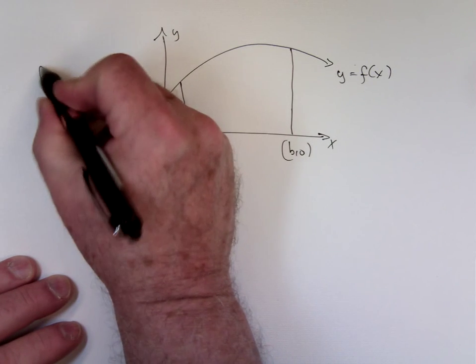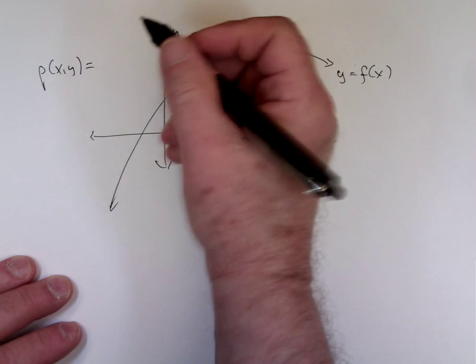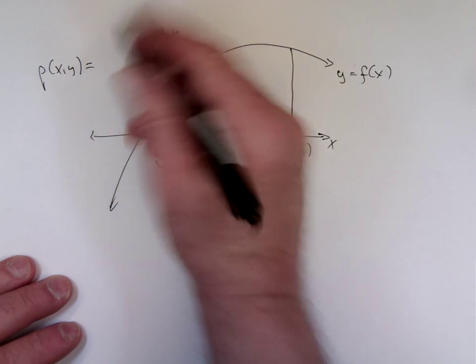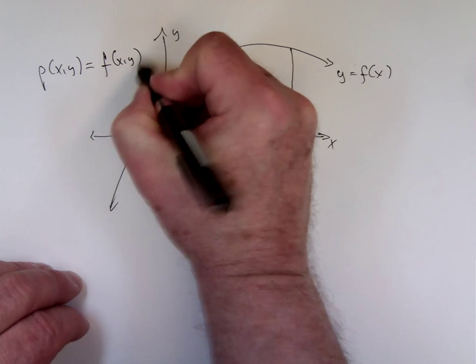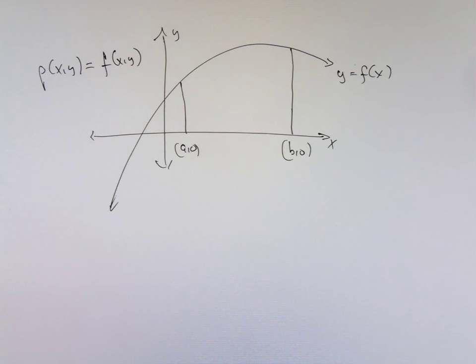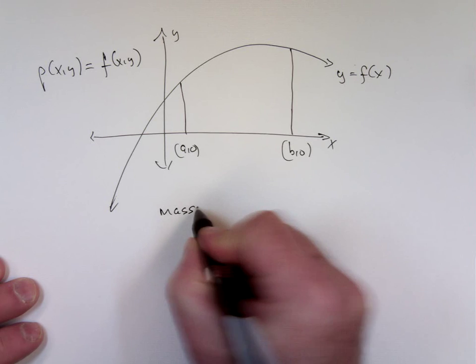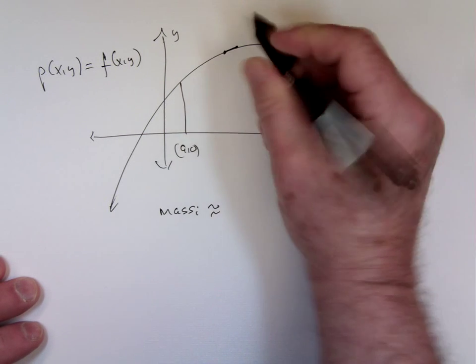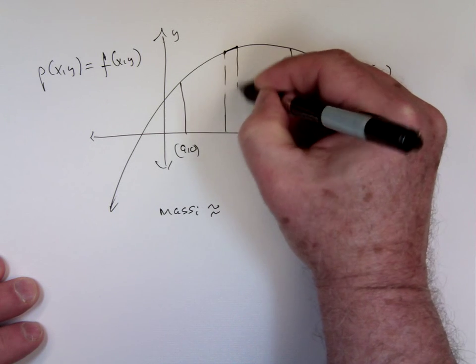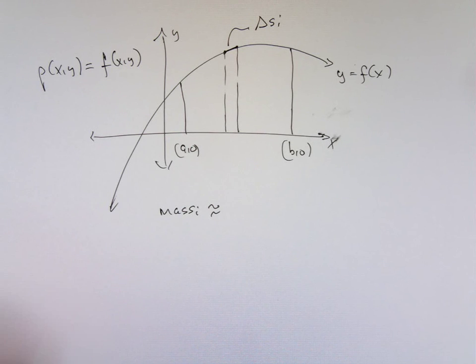Let's suppose the density function is some function of x and y, and we still want to find the mass of this wire. Well, we could take a piece of this over an interval, over a piece of the arc length.